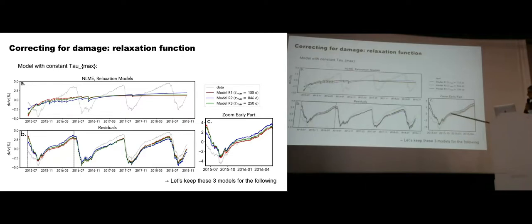The gray line is hard to see, but we have all these decreases here, and we have rather continuous curves for all three models. So we can correct the aftershocks pretty well, and the main shock recovery is also pretty well modeled.